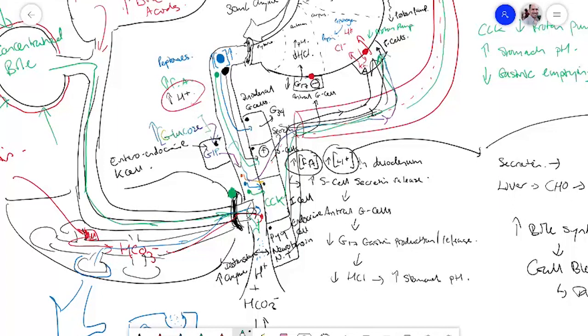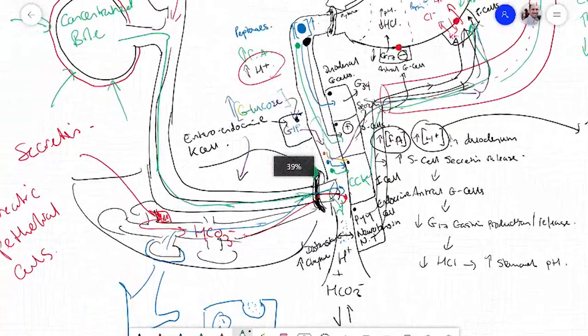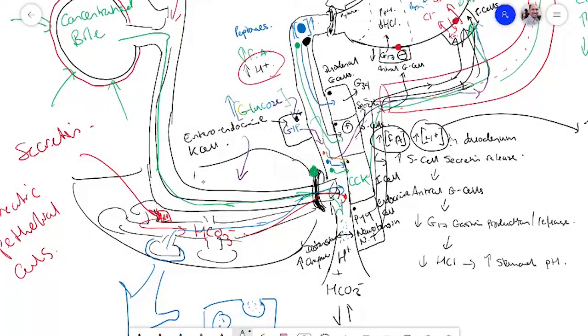But, and there's a reason that I've got it over here, it will also, after it's gone through the bloodstream, impact on the pancreas as well. And it will specifically impact on the islets of Langerhans.